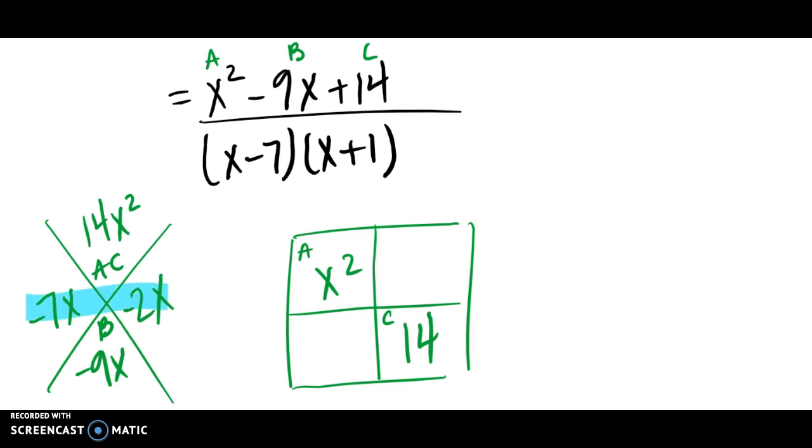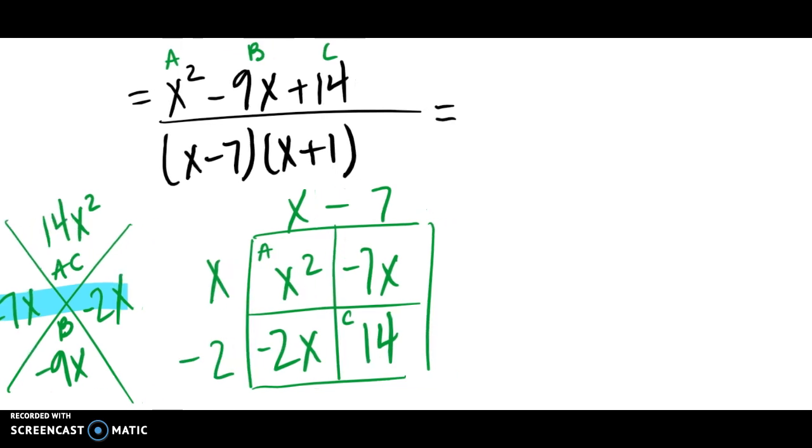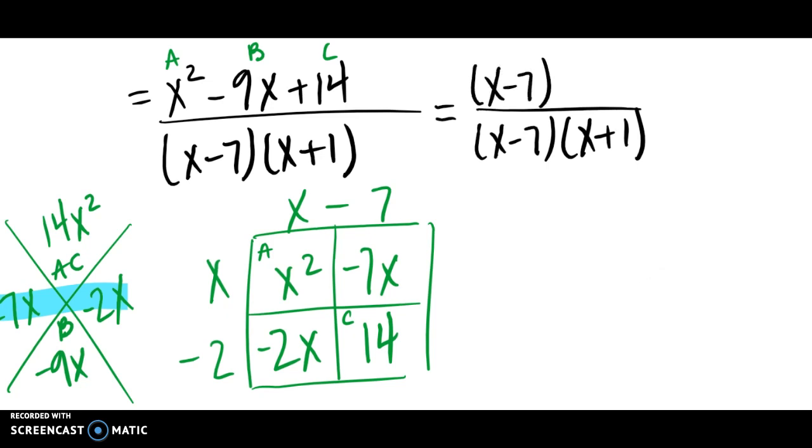Our terms are negative 7x and negative 2x. We need x and x, we need a negative 7, and then we need a negative 2. So when we rewrite, we're going to have x minus 7, x plus 1 at the bottom, and then at the top we got our new factors, which are x minus 7 and x minus 2.